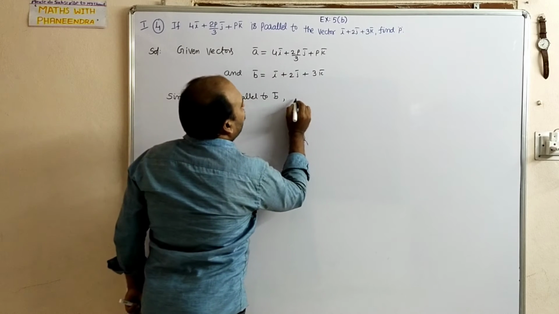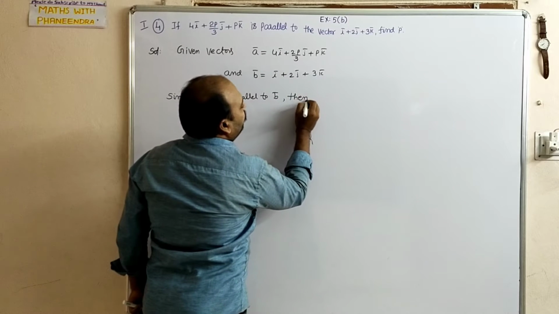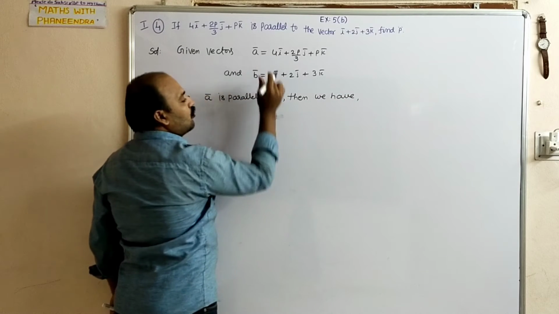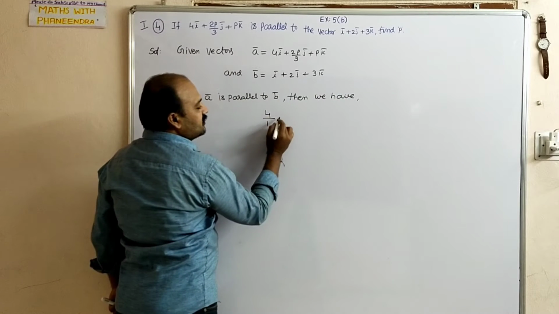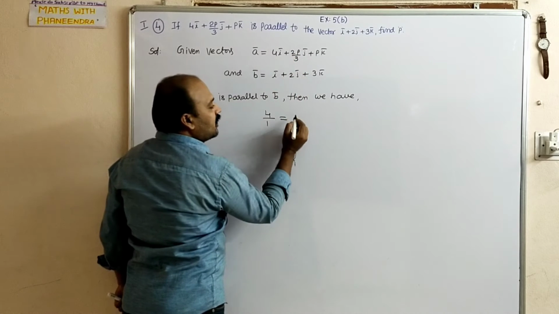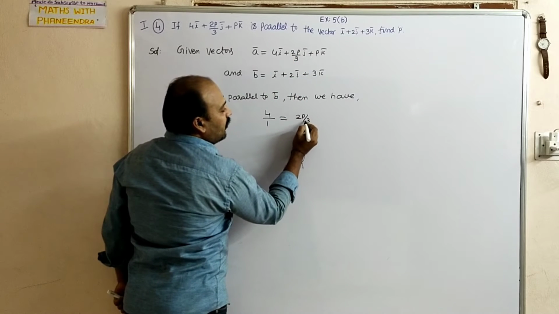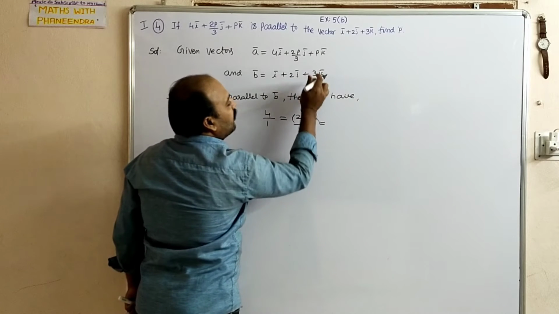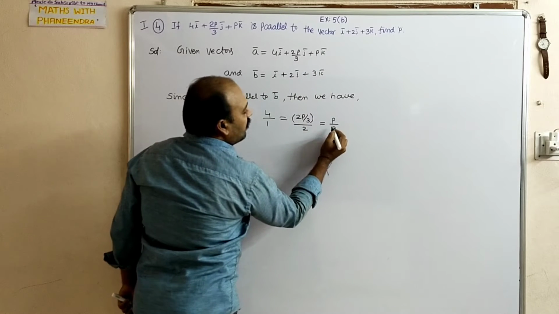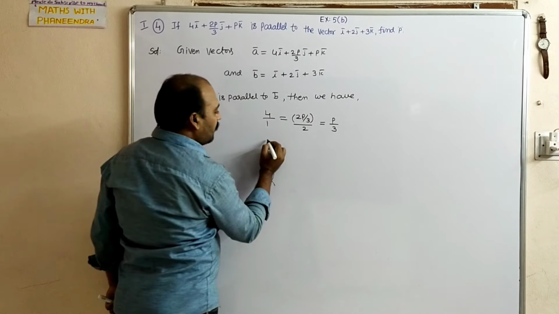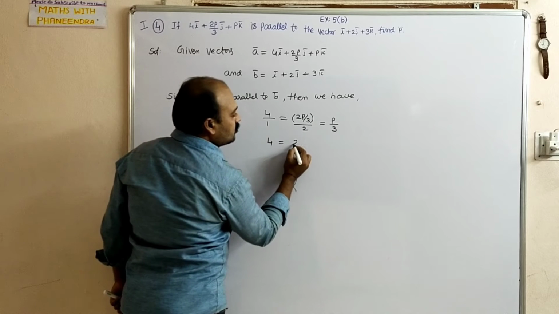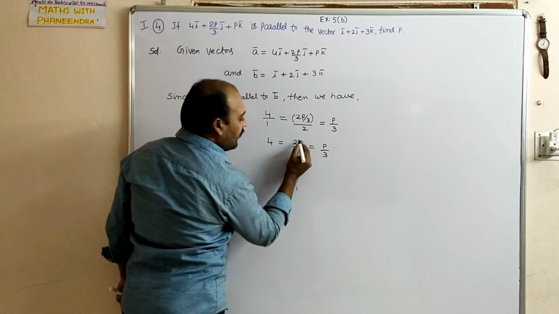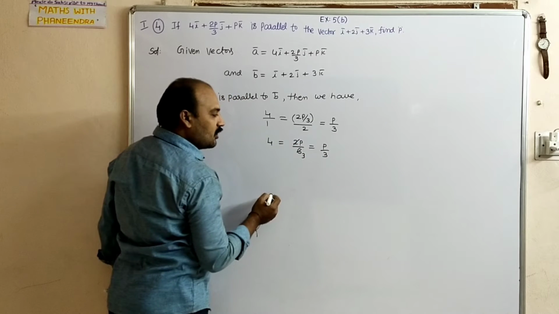So then we have 4 by 1, their I coefficients are in proportional, their j coefficients are in proportional. 2p by 3 divided by 2, p by 3. So 4 by 1 means 4. So 2p by 6, it is equal to p by 3. Anyway, this value also p by 3 only.